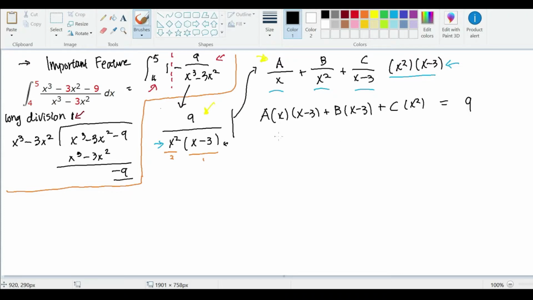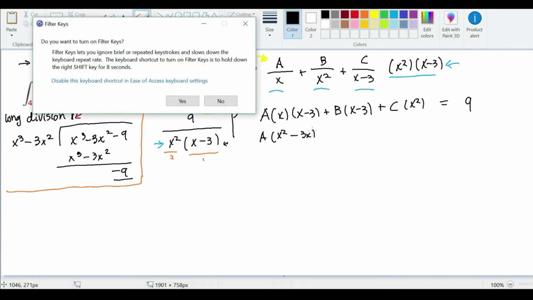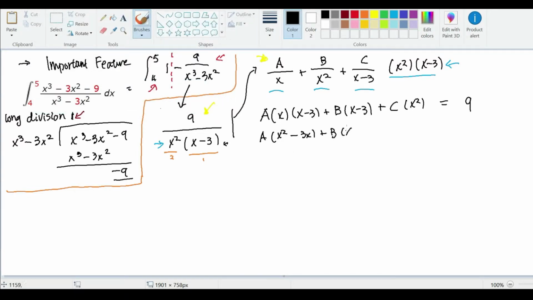So let's go. If I simplify it out, now is the most important part and the part where I'm most likely to make a mistake. Here I'll categorize each term by x squared, x, and constants, okay?